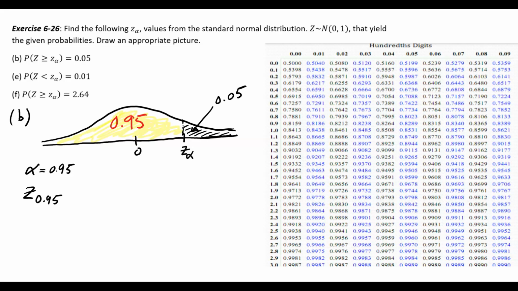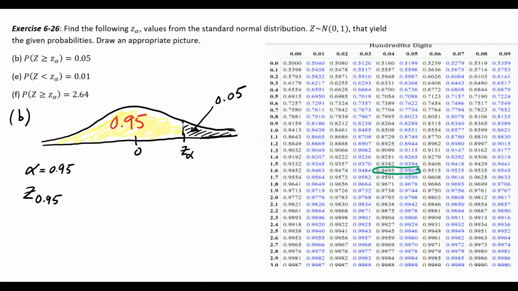So in order to do this, we are going to have to go inside of our table and we will look for 0.95. You will see that 0.95 really involves 2 values. 0.95 is exactly in the middle of these 2 values.